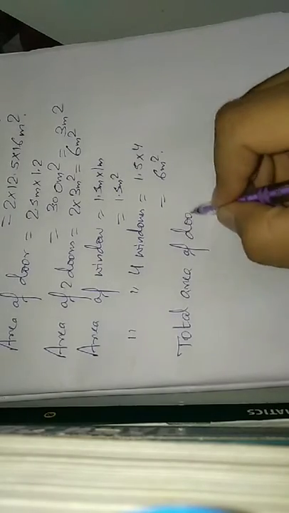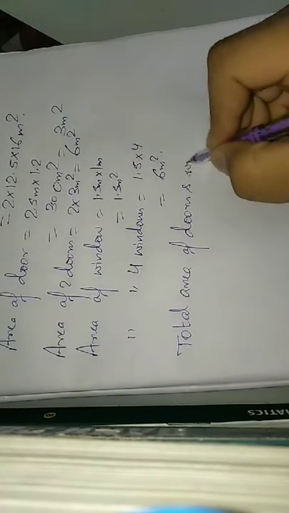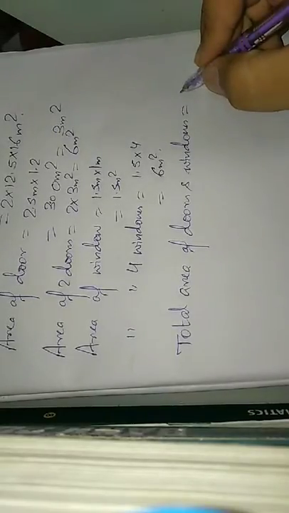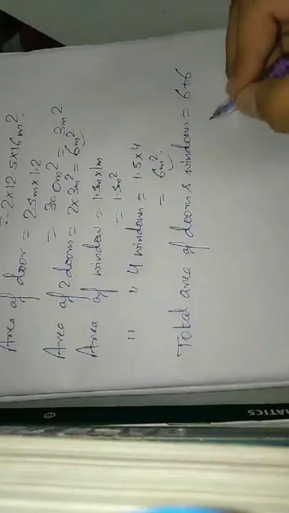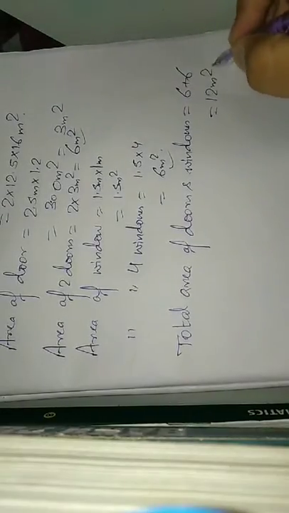So what is the total area? Total area of doors and windows is equal to 6 plus 6, this is equal to 12 meters square, right? This is the area of doors and windows.